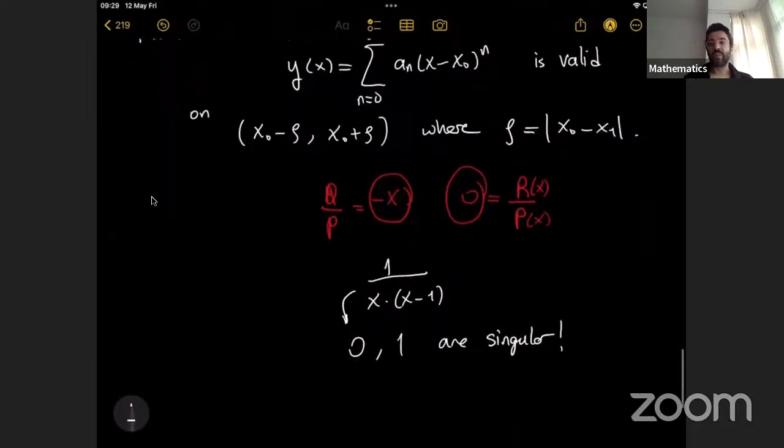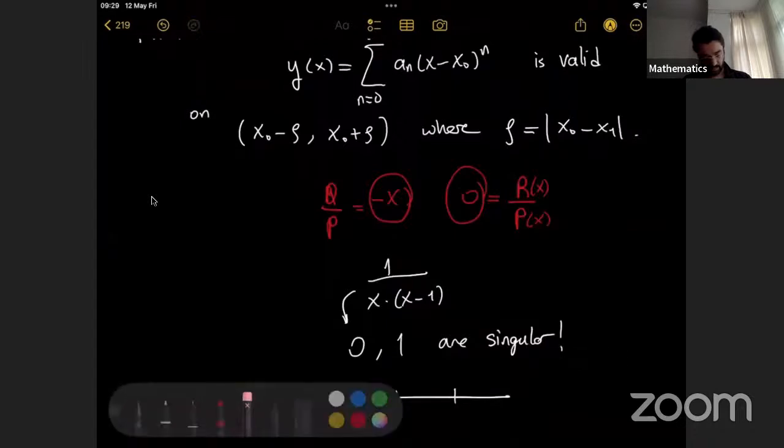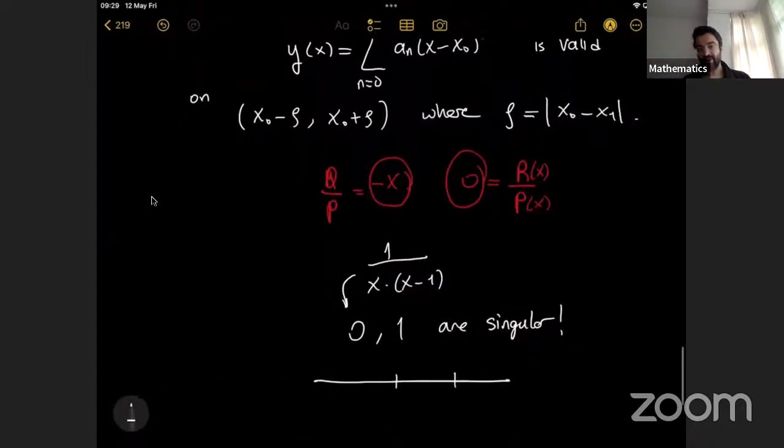So let's say you expand the series around 0. Well, basically you cannot expand the series around 0, but let's say you expand the series around an ordinary point.